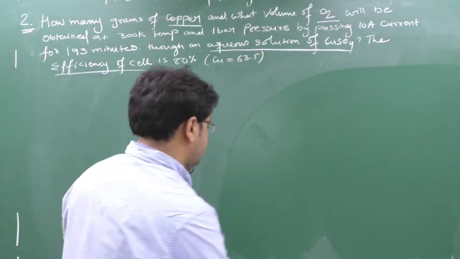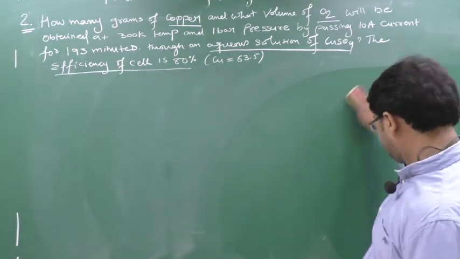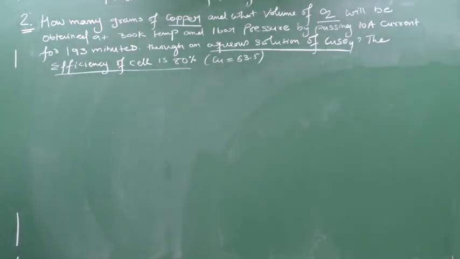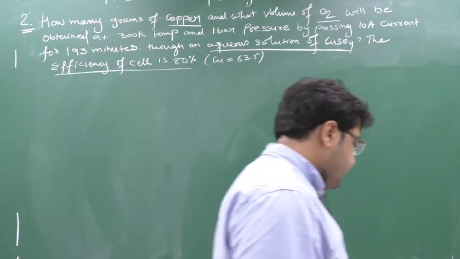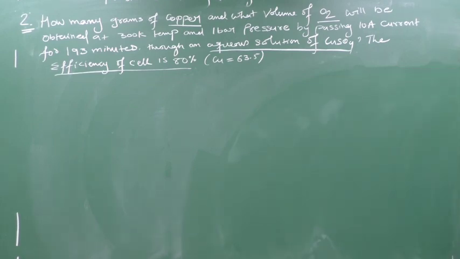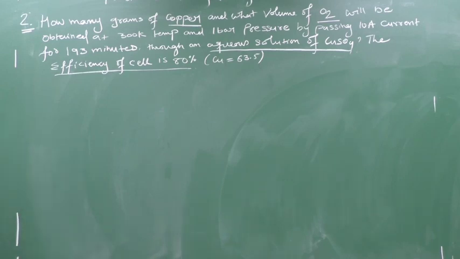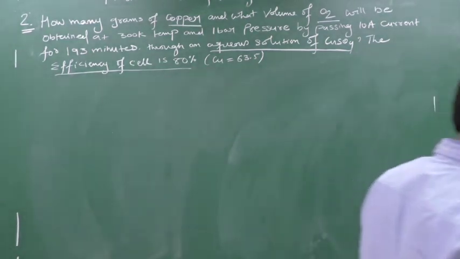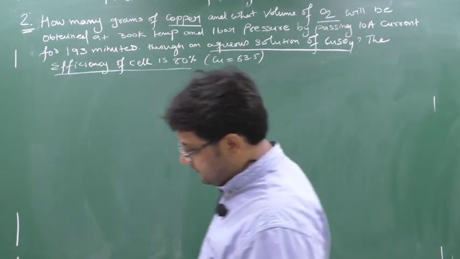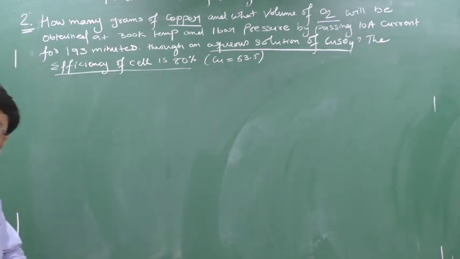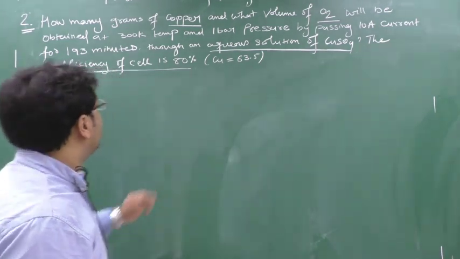If in a problem they ask you to calculate the volume of oxygen, always take the anodic reaction of water to calculate oxygen. And I have given you the anodic reaction of water. Clear? Okay, so we will start here.